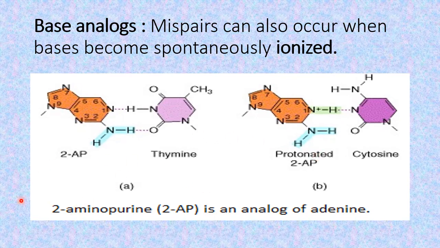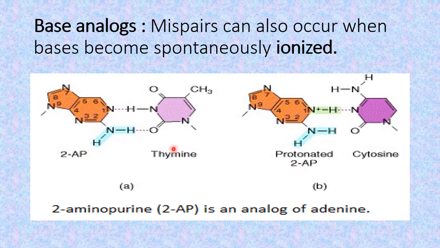Similarly, there's another base analog, 2-aminopurine, which is an analog of adenine. It pairs with thymine, but in its protonated form, that is when it acquires a positive charge over here, instead of pairing with thymine, it will pair with cytosine.